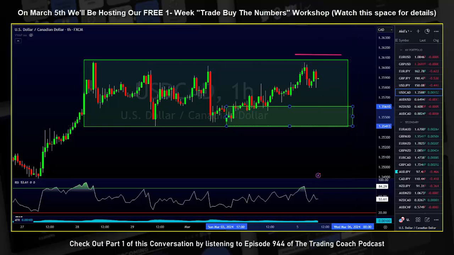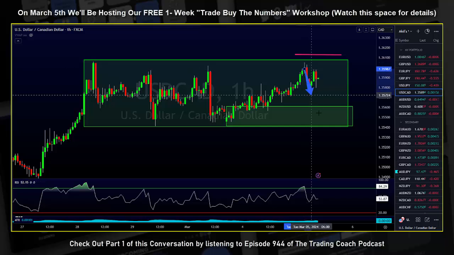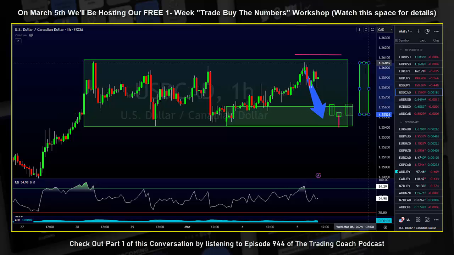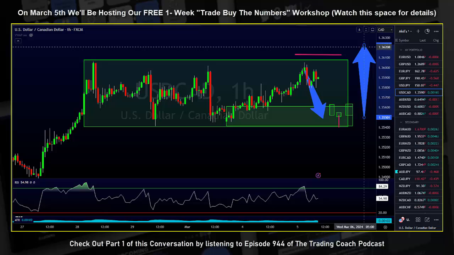If price comes down here, and let's say I get my 3-bar reversal or whatever like that, you guys know what I'm trying to draw. 3-bar reversal like that, boom. That's my reversal pattern. Buy it up in anticipation of the breakout.